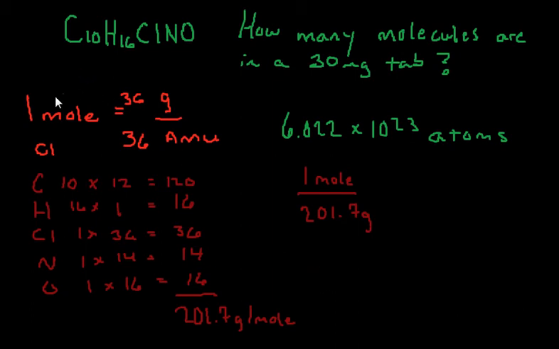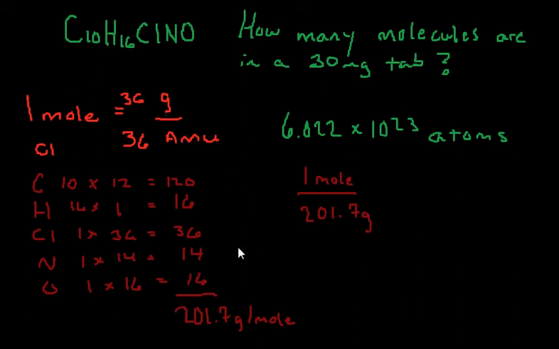Now, let's get back to this. If we looked at a mole of an atom, it's equal to that atom's mass, which is equal to the same number in grams. We can do the same thing, not with an atom, but with a molecule.